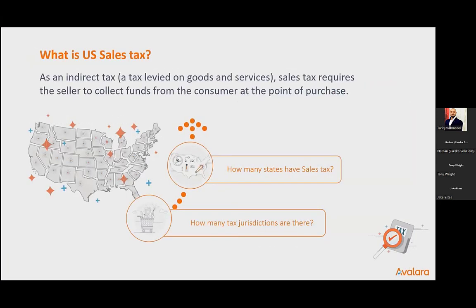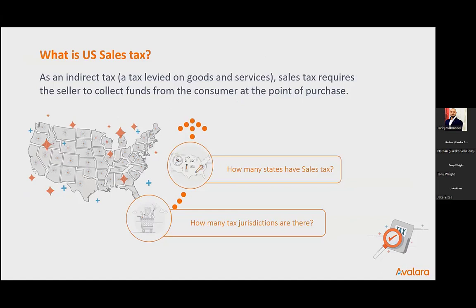Now let's understand what US sales tax is and some of the key factors you should bear in mind when selling into the US. US sales tax is an indirect tax on the sale of goods and services to the end buyer. Unlike VAT or GST, it is only levied on the final transaction with the customer and applies to all business-to-consumer, business-to-business, and business-to-government sales.